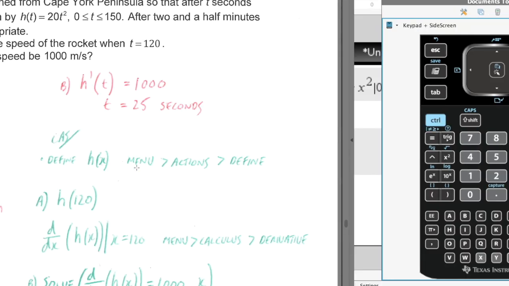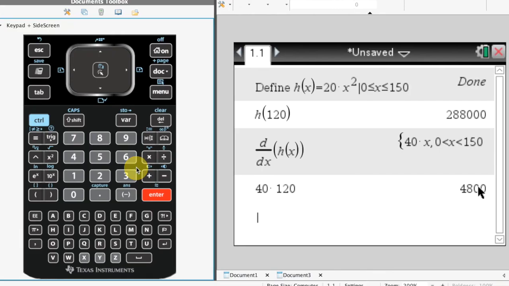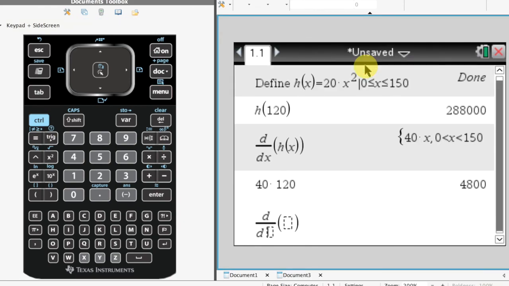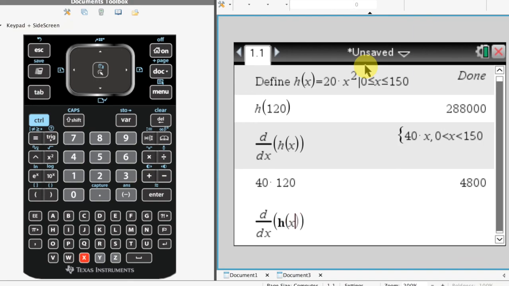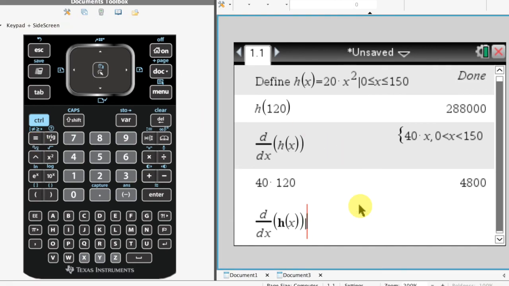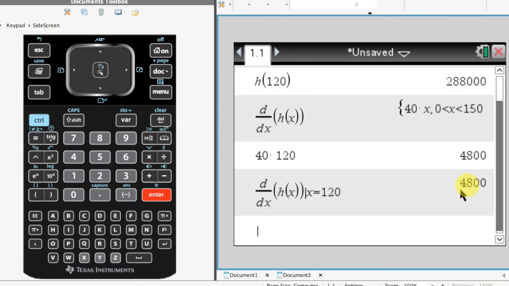Now, alternate approach, and this is the approach I'd like you to use, is to say menu, calculus, derivative, and it's of h of x, and now put the condition in that x is equal to 120. What will happen here is that the CAS calculator will work out the derivative of h of x, and then after it has that rule, it will substitute x equaling 120 into it to get that 4,800.